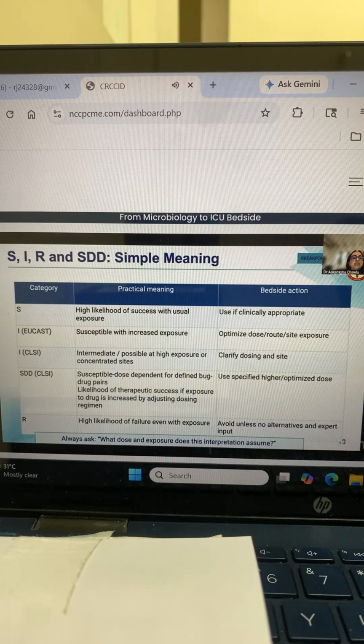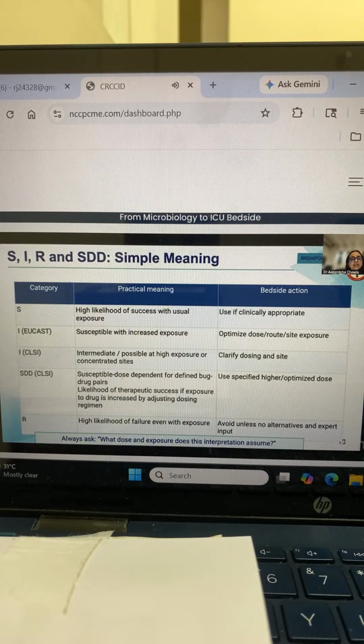Now, there are certain definitions of this S, I and SDD. So, what are these? S is high likelihood of success with usual exposure. Use if clinically appropriate. I from EUCAST means susceptible with increased exposure. Optimized dose, route, and site exposure. Then I from CLSI is intermediate, possible at high exposure or concentrated sites.